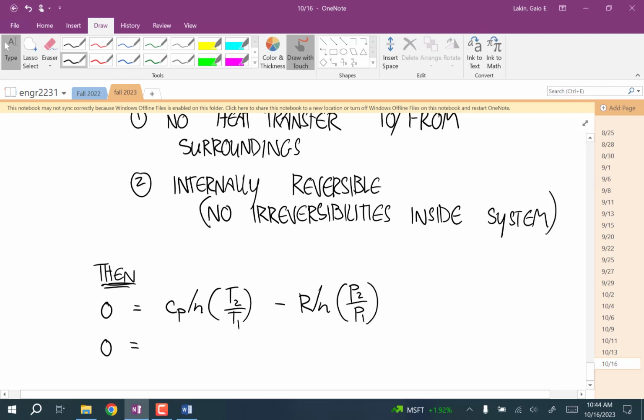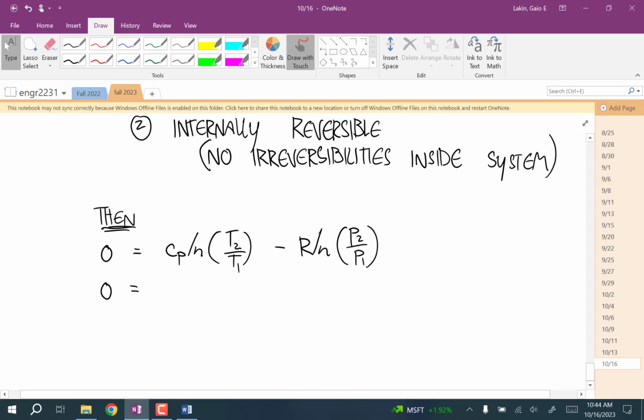And you can use the other expression too. 0 is equal to Cv times the natural log of T2 over T1 plus R times the natural log of V2 over V1. So you can use either of those two.